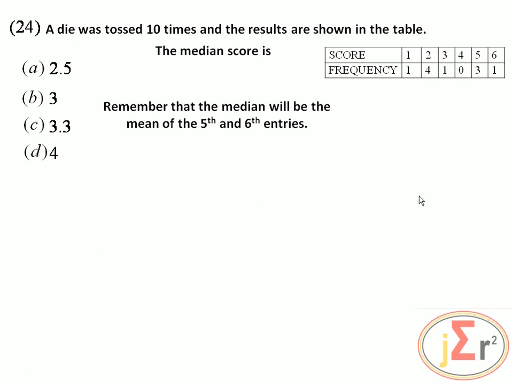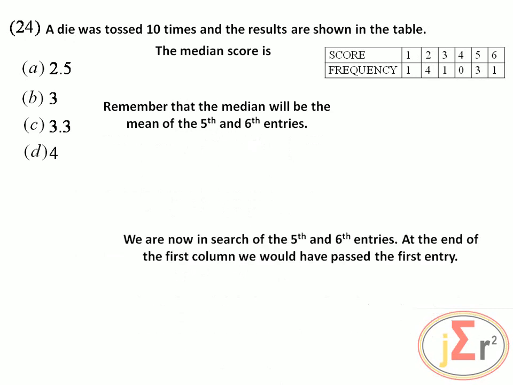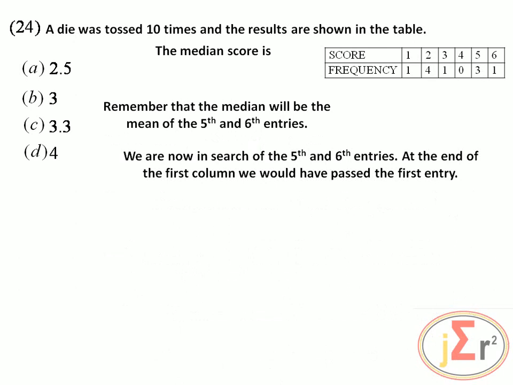Remember that the median will be the mean of the 5th and 6th entries. We are now in search of the 5th and 6th entries. At the end of the first column, we would have passed the first entry, because we have a frequency of 1 right here, a single entry.